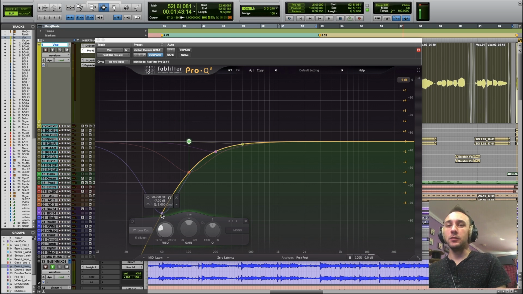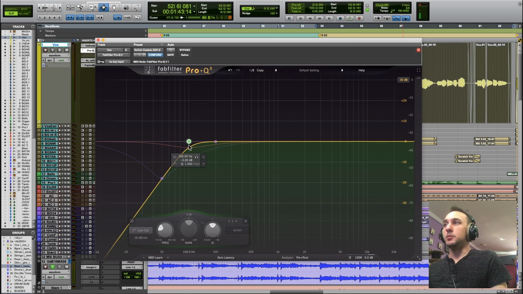A whole octave below the corner frequency, we're only seeing a difference of 5 dB. It's not eliminating all frequencies below the corner. That's why this 6 dB filter can be very gentle. And again, you can take it up a lot higher than a steep filter like 18 dB per octave.